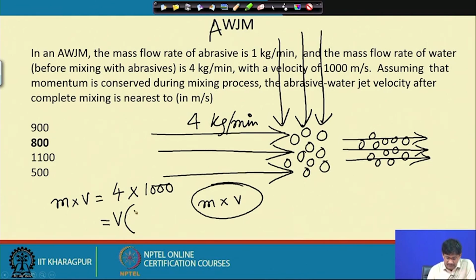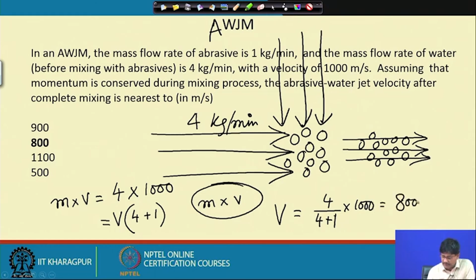So, it is 4 plus 1, and therefore, the velocity comes out to be 4 by 4 plus 1 into 1000, which is 800, 4 by 5, 800 meters per second. This one is sometimes referred to as the loading factor. Okay?